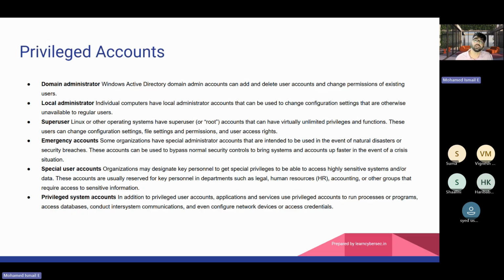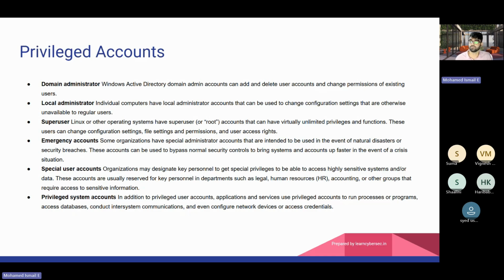Whenever the administrator is inaccessible due to a life-threatening situation such as death or accident, or anything that could happen to human life, they use these emergency accounts to recover the admin privileges, because the only admin they may have is no longer there in the company. So to continue the business, they use emergency accounts.